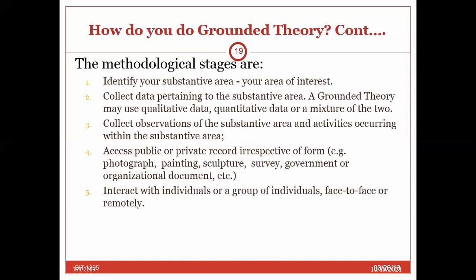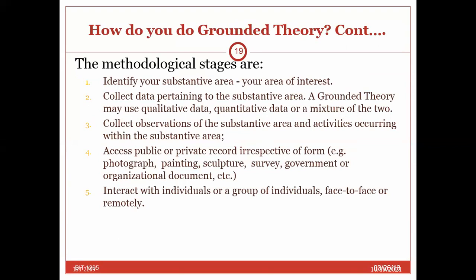The stages within grounded theory are that you first identify the area of interest that you study, and then you collect data pertaining to this area. The data you collect may be qualitative, or quantitative, or a mixture of the two.